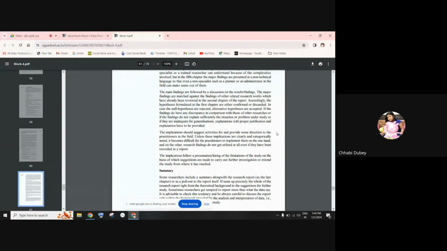And then finally we can include a research summary along with the research report. It is basically the last part, where we pull out of the report itself and sum it up. Basically, it will be a summary of the entire work that we have done. We are just going to sum up precisely the whole of the research report, right from the theoretical background to the suggestions for further study.